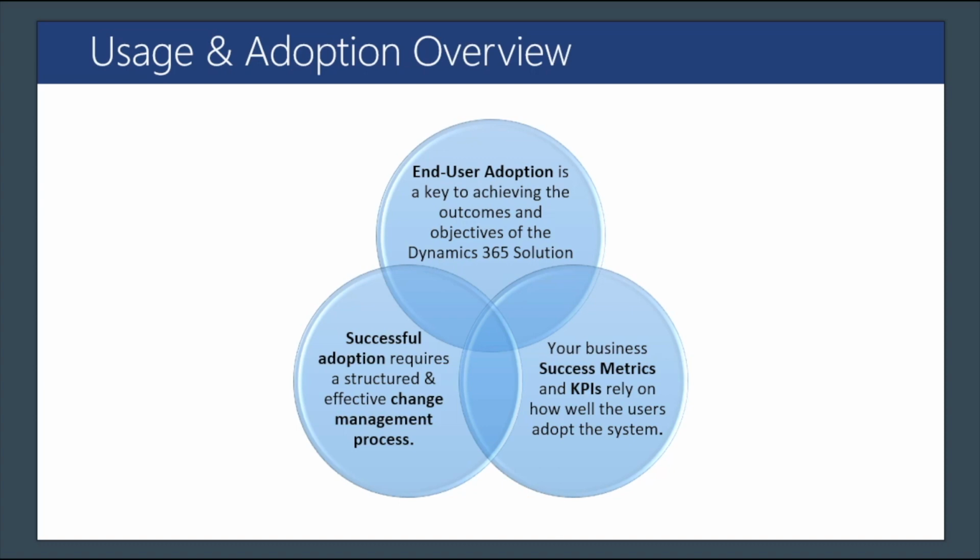When the business or the product owner starts off with the implementation, you usually come up with a set of metrics or KPIs that you want to improve with Dynamics 365, and end user adoption is the key for you to even measure or understand if it had an impact on that KPI. Because if people don't use the system, there is no way you're going to know if your KPIs have improved or not.